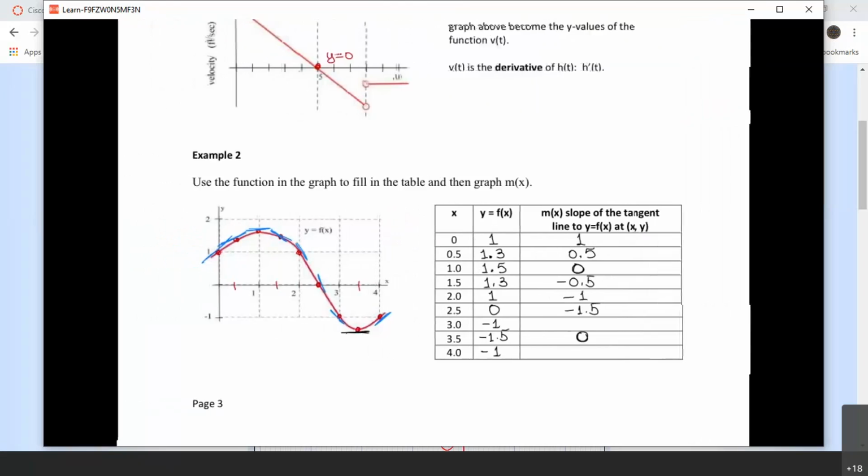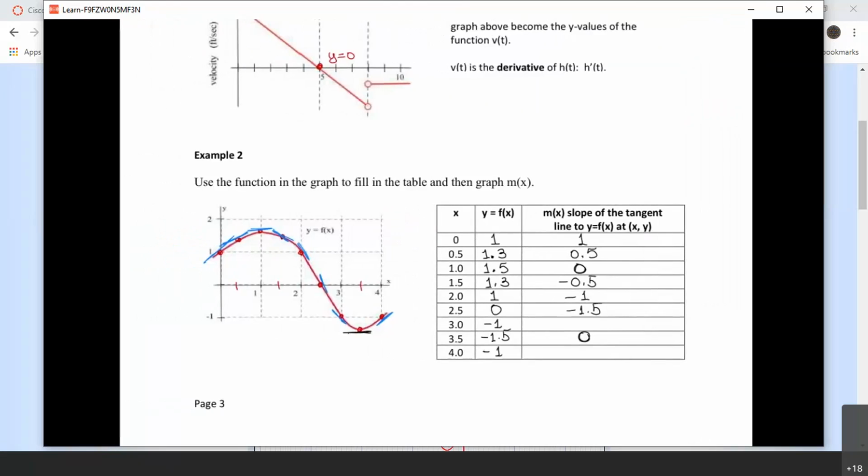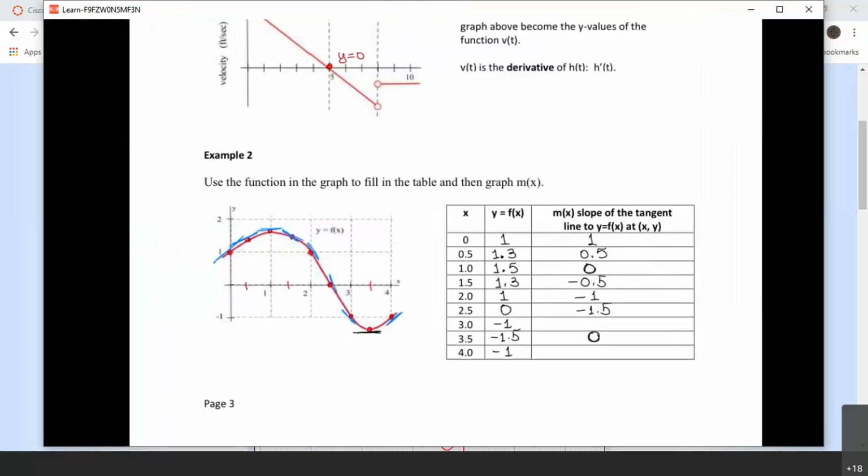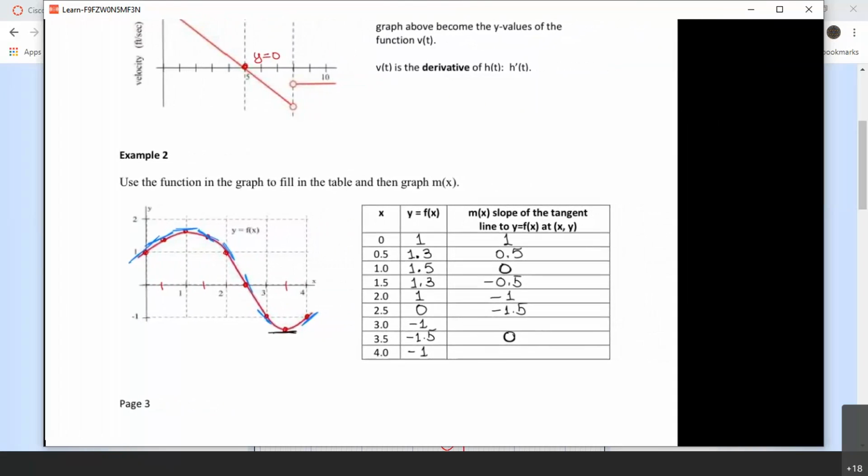The steepest slope on this graph is right here at 2.5. The graph is really taking a dive right there. So those are my best guesses for approximating the slope.